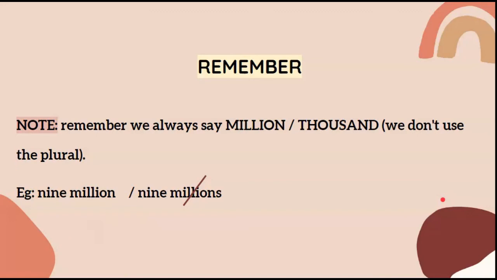And finally, remember that we always say million, thousand in the singular form. We don't say millions or thousands when we are reading numbers, yes? For example, 9 million. No, 9 millions. Okay? The same happens with thousand.